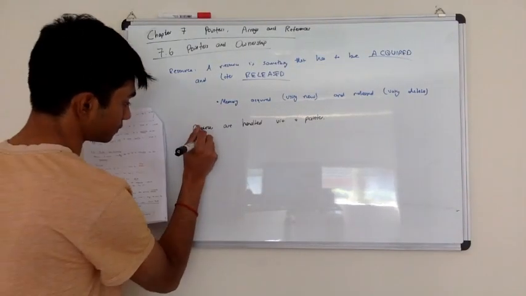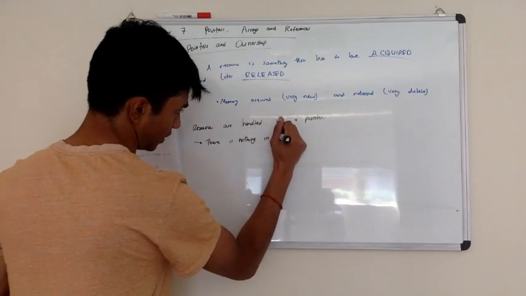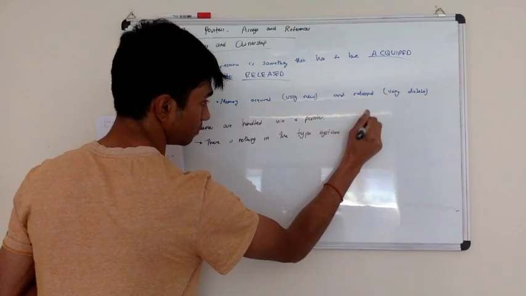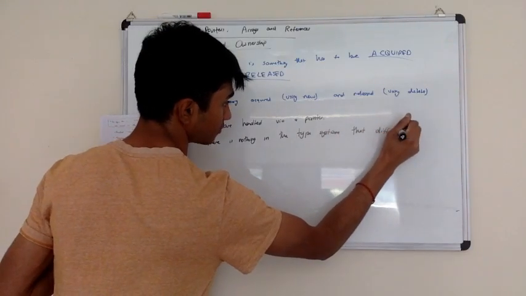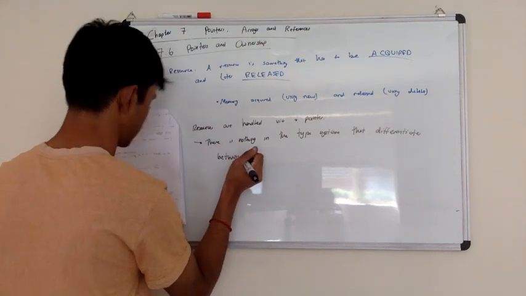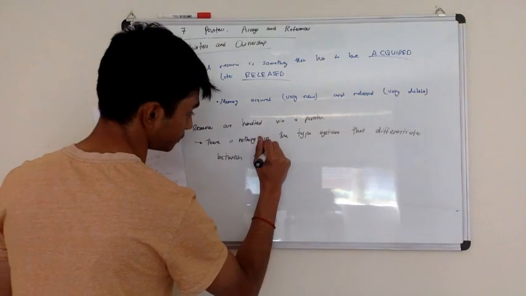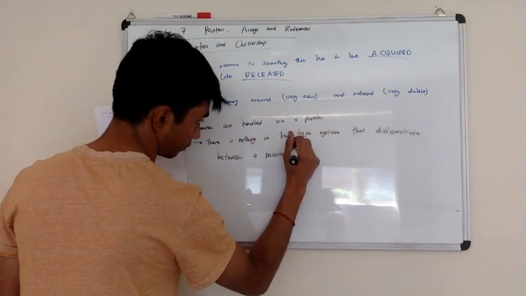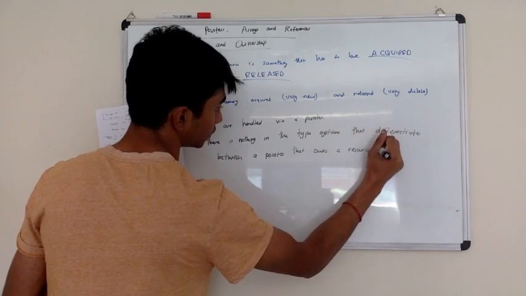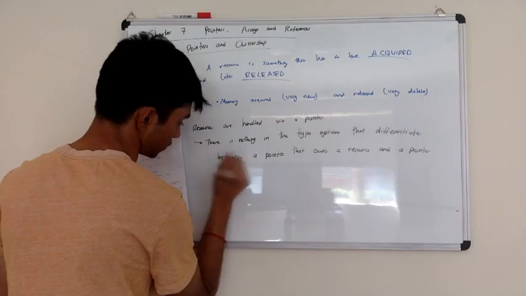Now, there's nothing in the type system that differentiates between a pointer that owns a resource and a pointer that does not.